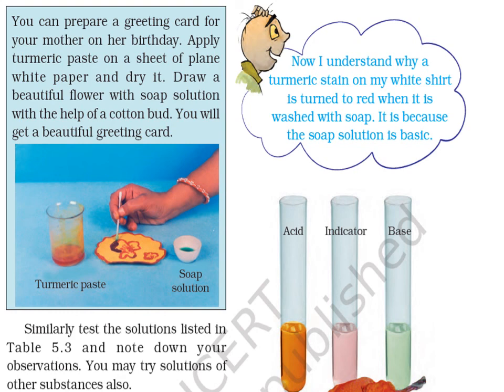So we apply the paste of turmeric on white paper, and then we can draw flowers or any picture on it using the detergent solution. Then the picture or the shape will change into red brown color, as it is the property of the turmeric indicator, we know very well. So do this activity and enjoy it.